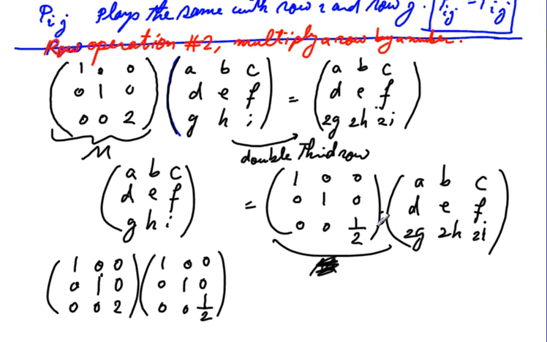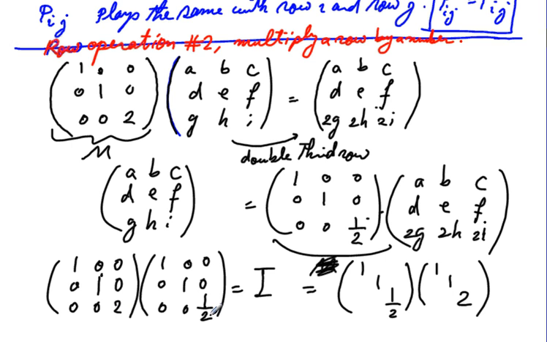It better be like that, because this is bringing it back to the original. These are opposite operations. If you multiply them, you easily check that this is identity. And it doesn't matter in which order you multiply them. If it's 2 and a 1/2 or 1/2 and a 2, you get the same thing.